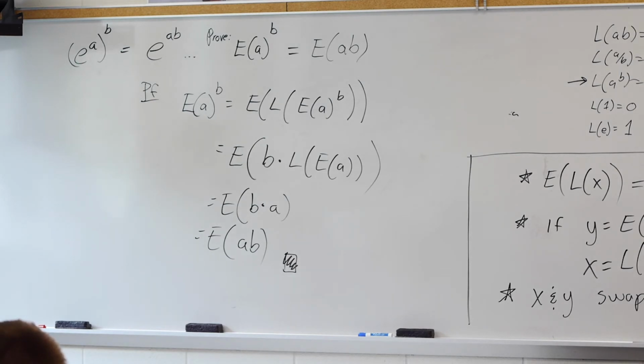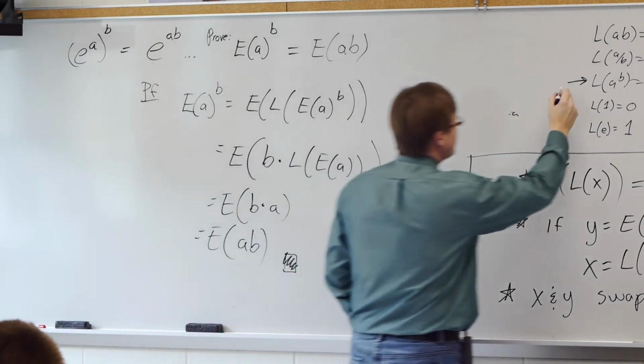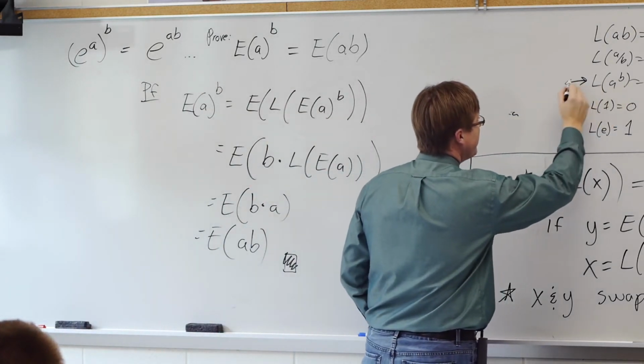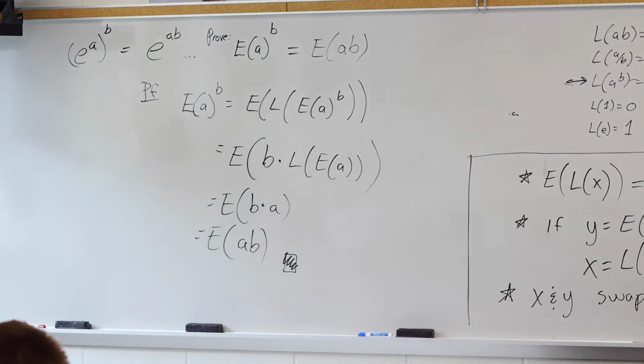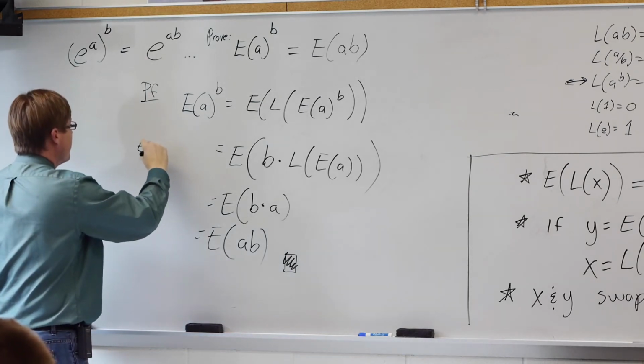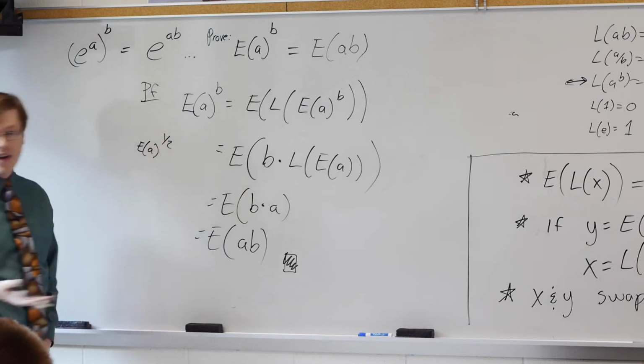And the interesting thing about this property here, when we proved it last class, L of a to the b, nowhere did I assume b had to be positive or an integer or anything fancy like that. So this works in cases like e of a to the 1/2.